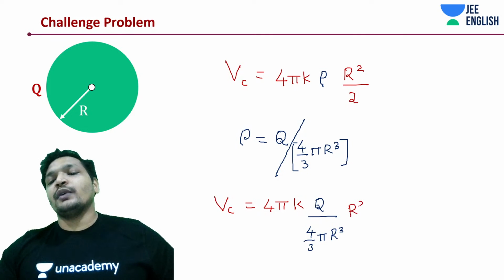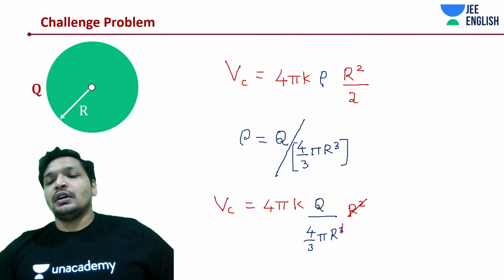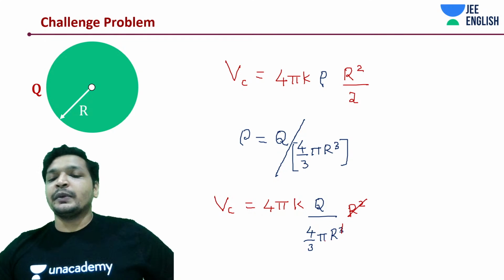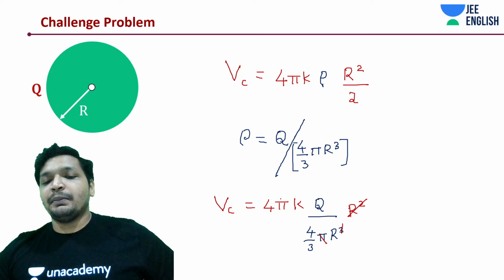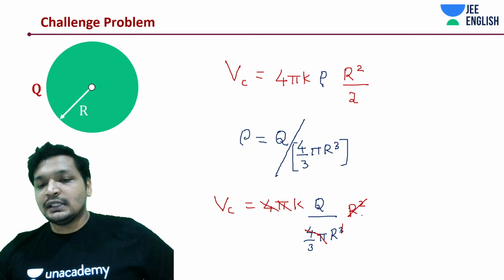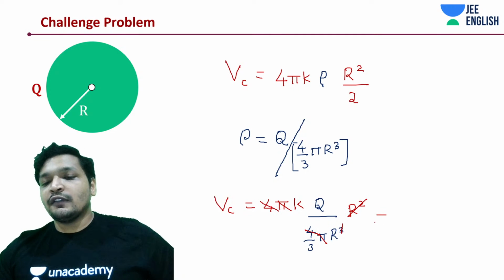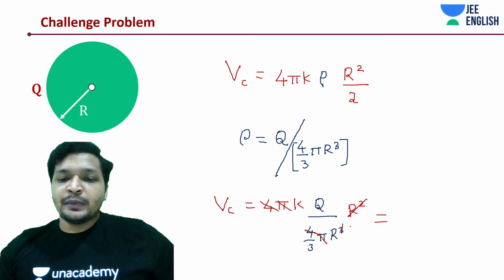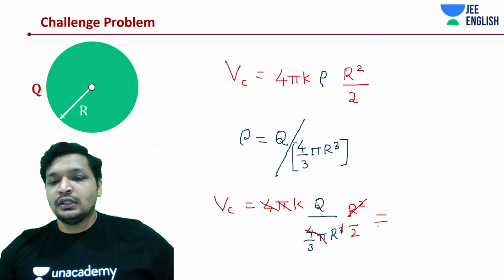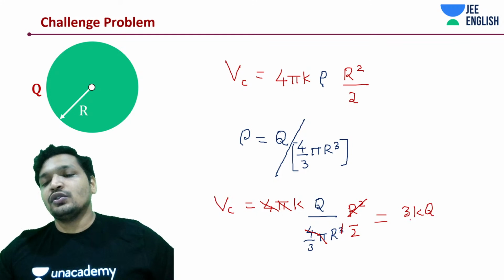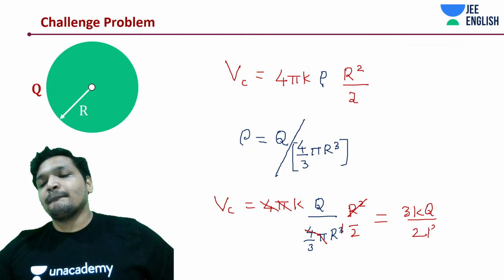R square, r cube, 1 r would be remaining in the denominator. Pi gets cancelled out, and 4 gets cancelled out. What are you getting finally? There would be a 2 as well, I guess. So you'll be getting 3kq by 2r. That's it.